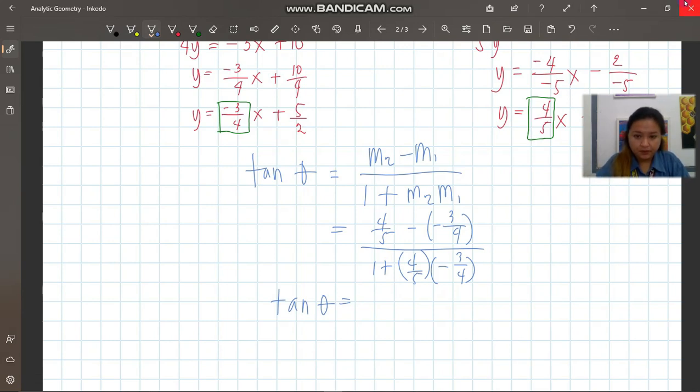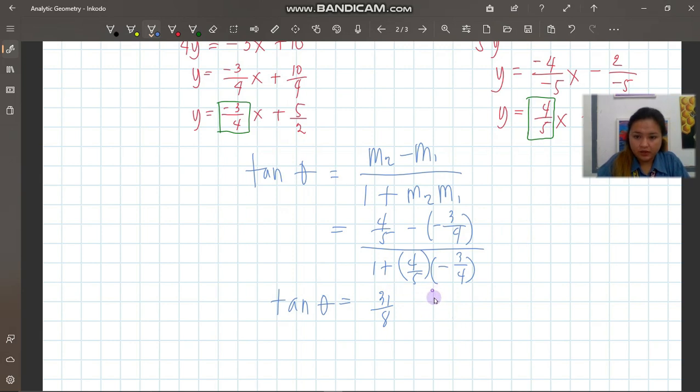4/5 minus negative 3/4 over 1 plus 4/5 times negative 3/4. So we have here 31/8.